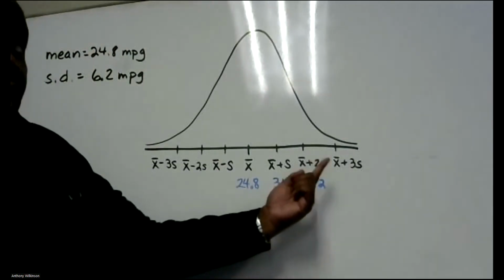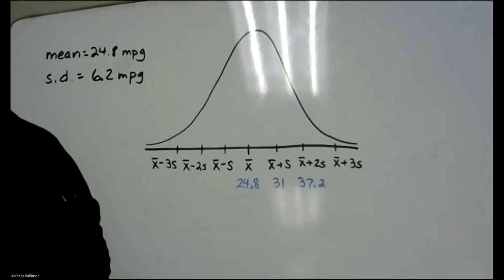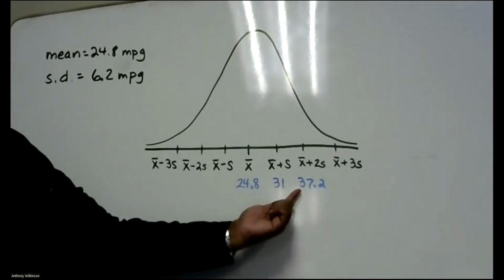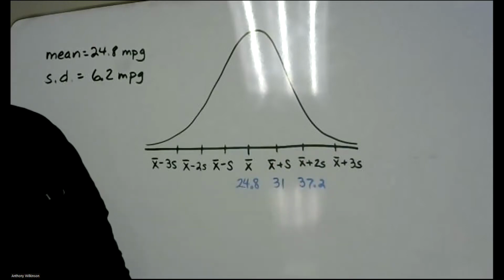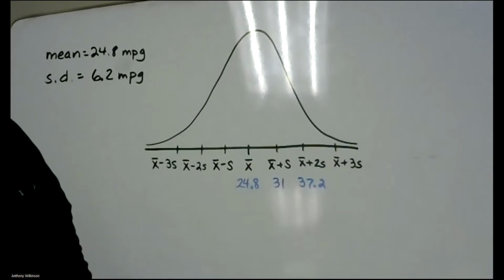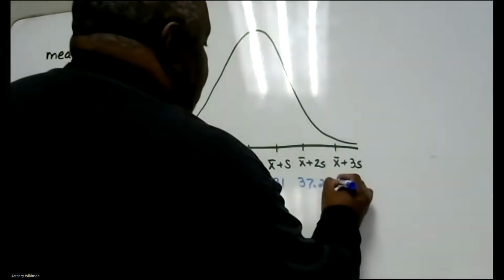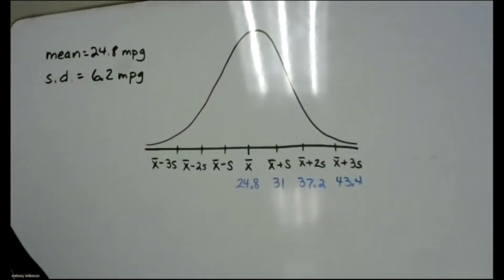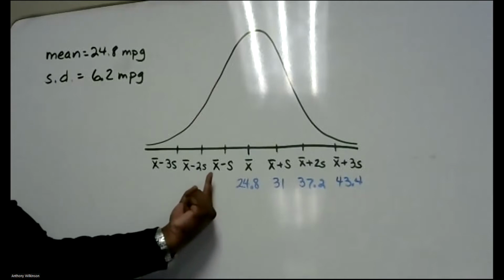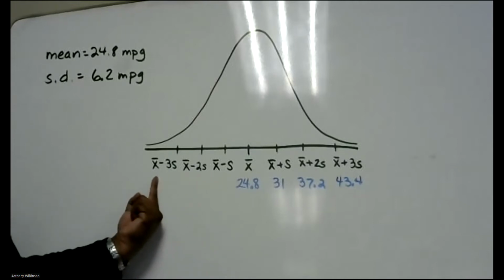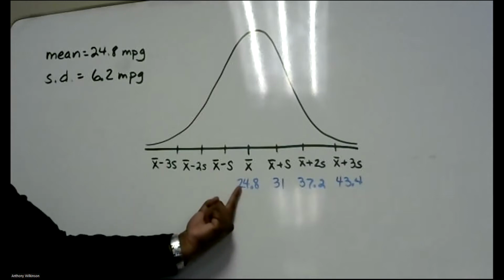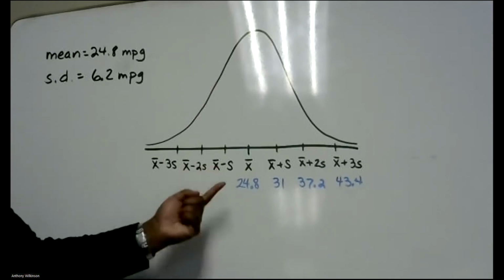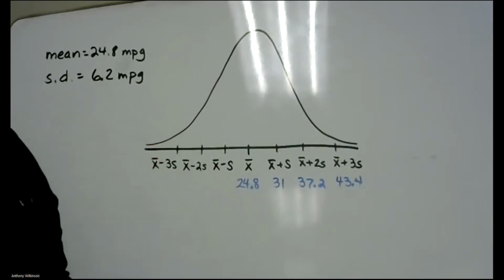And then to find X bar plus 3 standard deviations, if that's 37.2, I'll add another 6.2 to that. This will be 43.4. Now let's find out what these values are to the left. This is 24.8 and our standard deviation is 6.2. One standard deviation below that means I need to subtract 6.2 from 24.8.